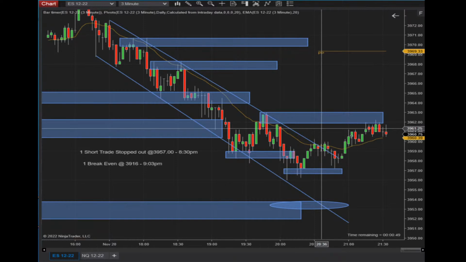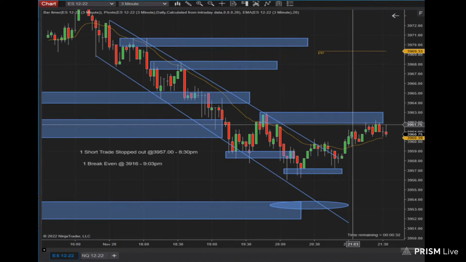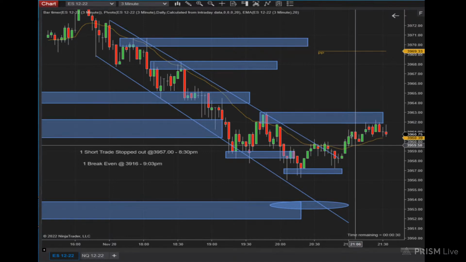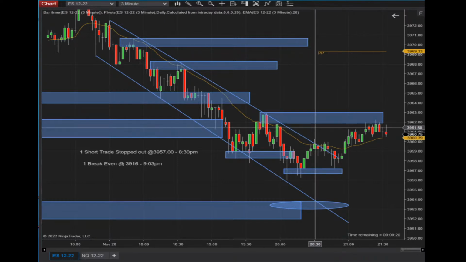So you do things like break even. We would have made that trade, this one at 39.61. We wouldn't have got stopped out. It made it up, and it would have made the 1 point that we were going for right here. But when it came down and came back up, there was an indicator telling me that this thing was going to run into issues.